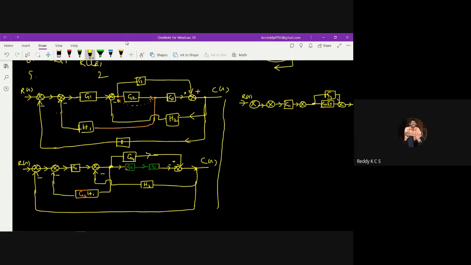So likewise, this is the one from the takeoff point to this summing point, which is H2. Similarly, we have one more takeoff point from here to this summing point with G2 and H1 as the block value.